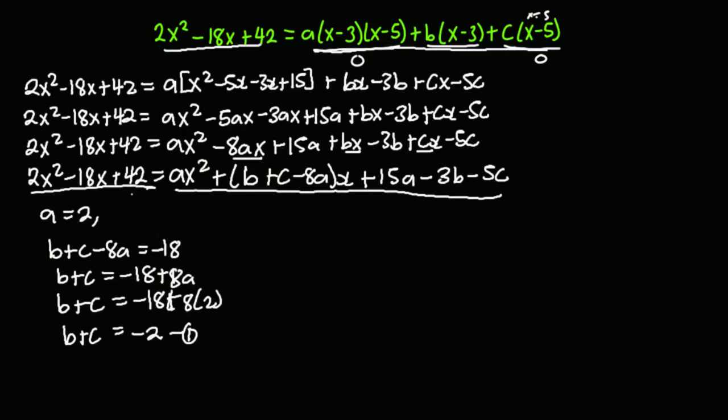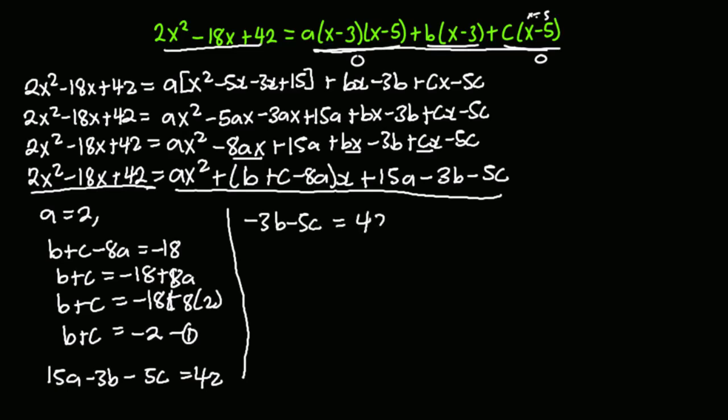Then the constants should be equal to the constants at the right hand side. So we can say that 15a minus 3b minus 5c should be equal to 42. So by this we can say that negative 3b minus 5c should be equal to 42 minus 15a.